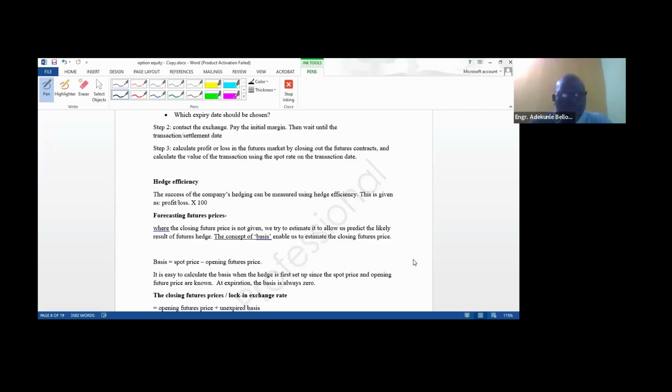For you to evaluate the result of your hedging, there must be a closing futures price and an opening futures price.